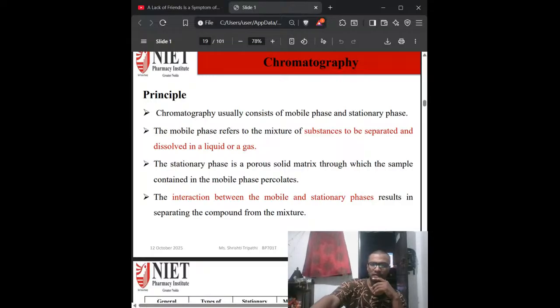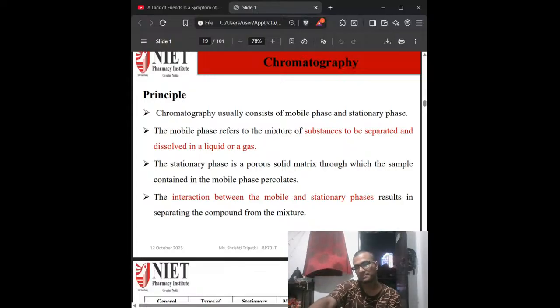The stationary phase is a porous solid matrix through which the sample contained in the mobile phase percolates.